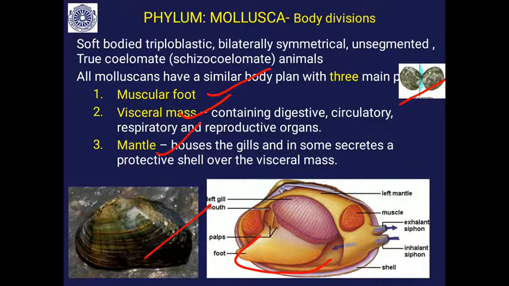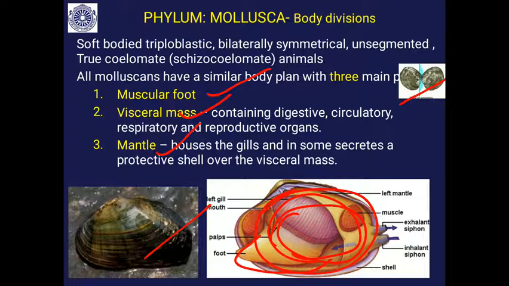Then the visceral mass. If you open the shell, there is a mass of body tissues called the visceral mass, which contains digestive, circulatory, respiratory and reproductive organs. All this visceral mass is wrapped by an outer flap of skin called the mantle.